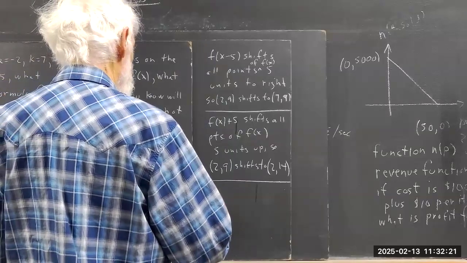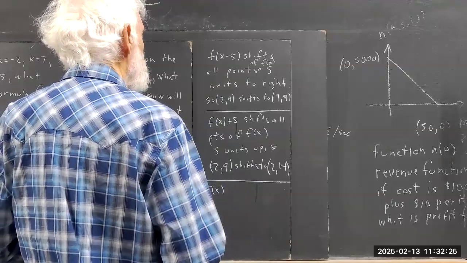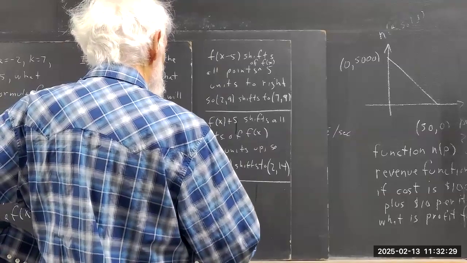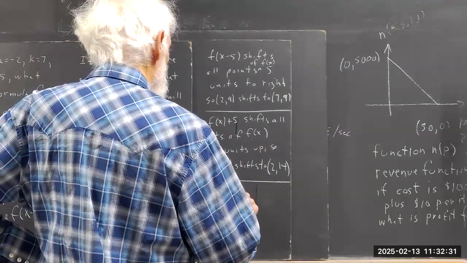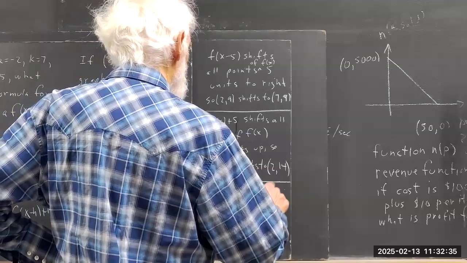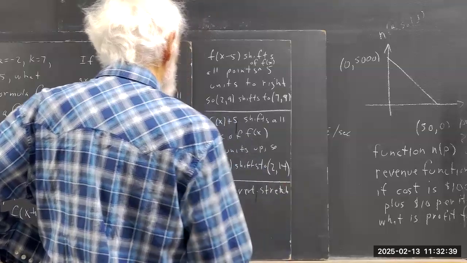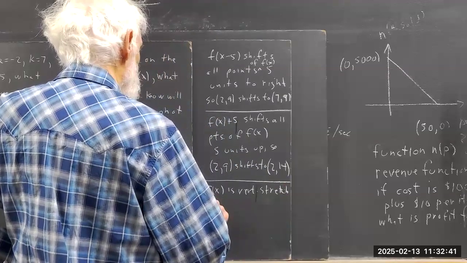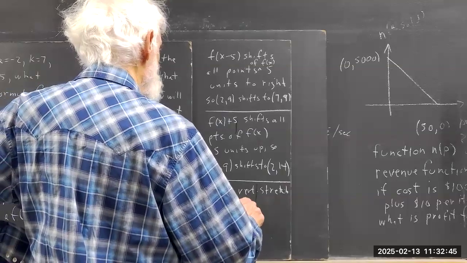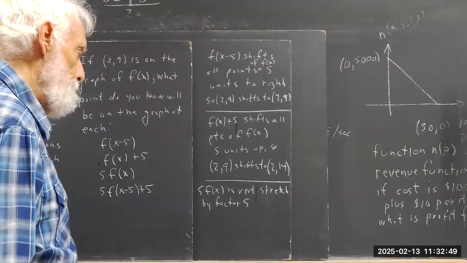Now, 5 f of x is a vertical stretch by factor 5. Okay.